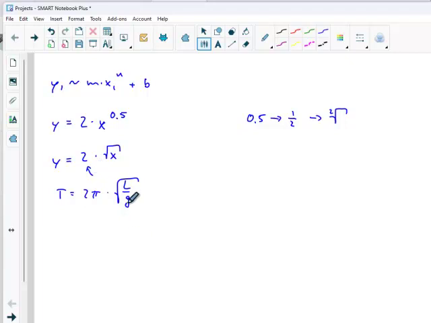It was quite close here, but if I take this part here and this part here, 2 pi divided by the square root of g, and type that into the calculator.